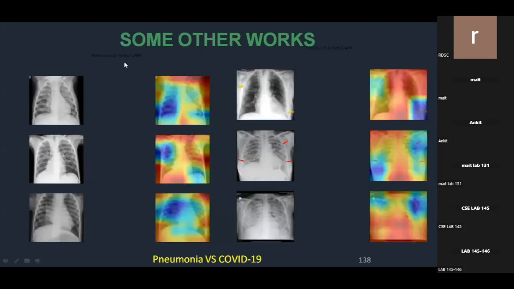Another work, during COVID time, we did this differentiation of pneumonia versus COVID-19 infection with our proposed model, earlier with Grad-CAM. We wanted to test whether our model is actually integrable with other applications. From histopathology to COVID-19, we found that yes, the model is really extendable.